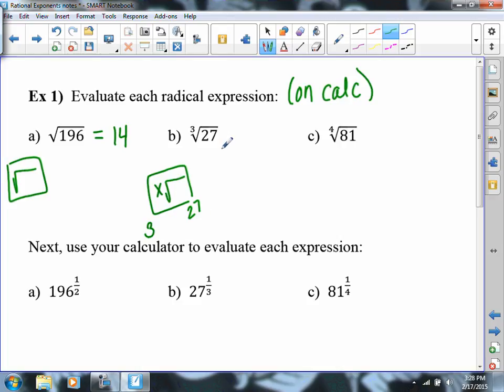So play around with your calculator and the features that it has. When you take the cubed root of 27 though, you should get 3, because this basically means 3 times 3 times 3 is 27. And 3 times 3 is 9, and then 9 times 3 is 27.